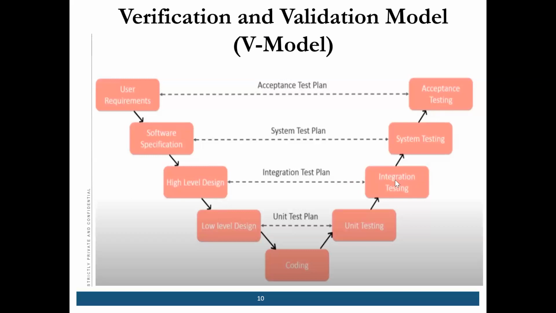And similarly, integration testing, right? Once the modules have been created, now we have to integrate them. So integration test case development is going to happen in this particular phase. We are just developing, writing our test cases, not executing. Now comes the low level design. All the high level design is done. Then the low level design decides which part of the coding is done by which developer.